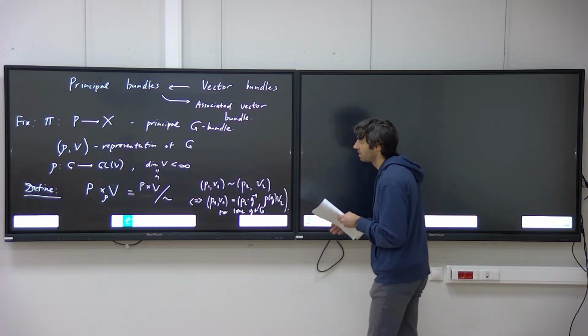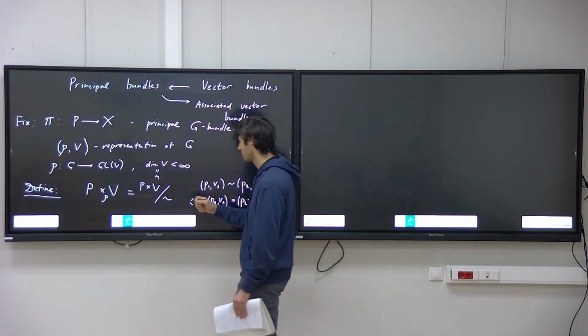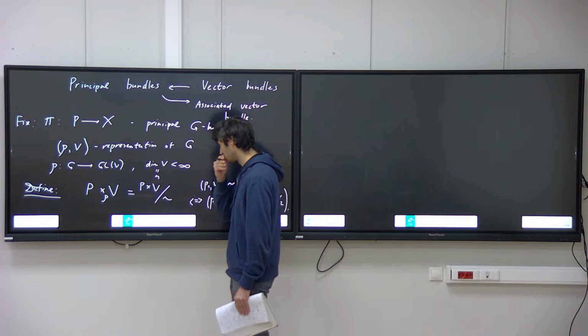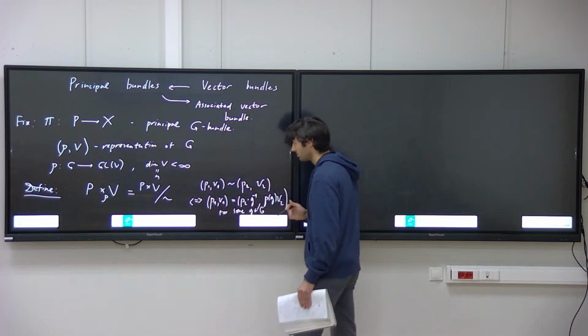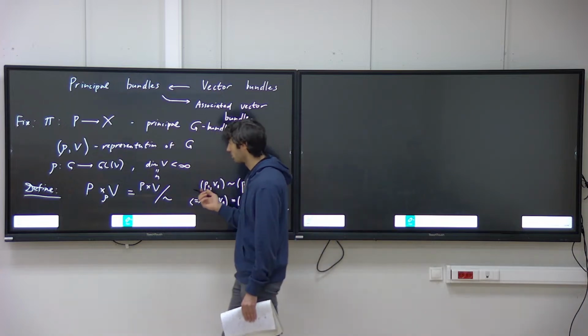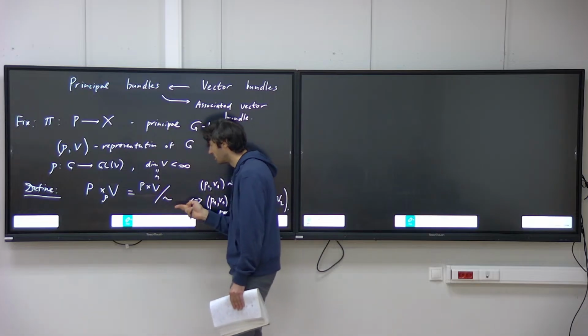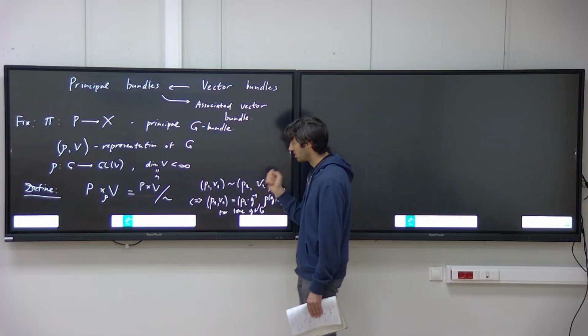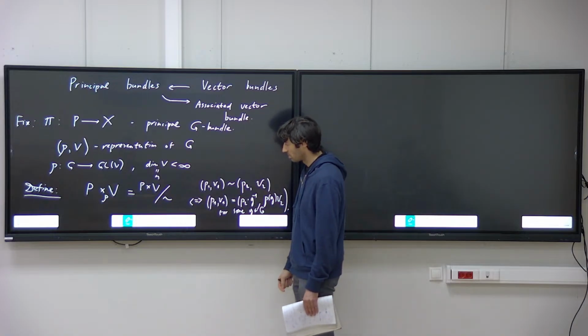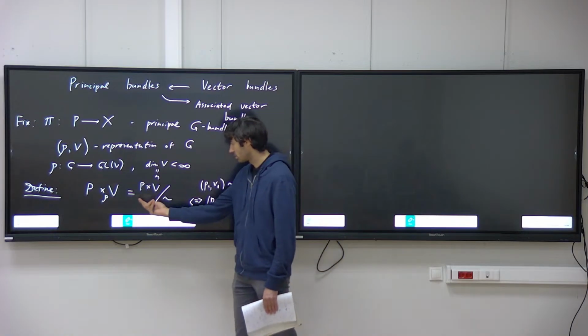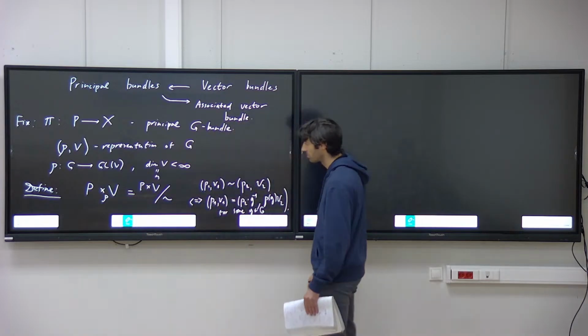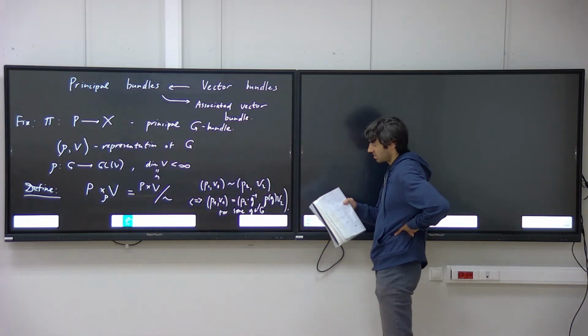Well, I claim, so far this is just a topological space, right? And then I consider its factorization, so it has some factor topology.